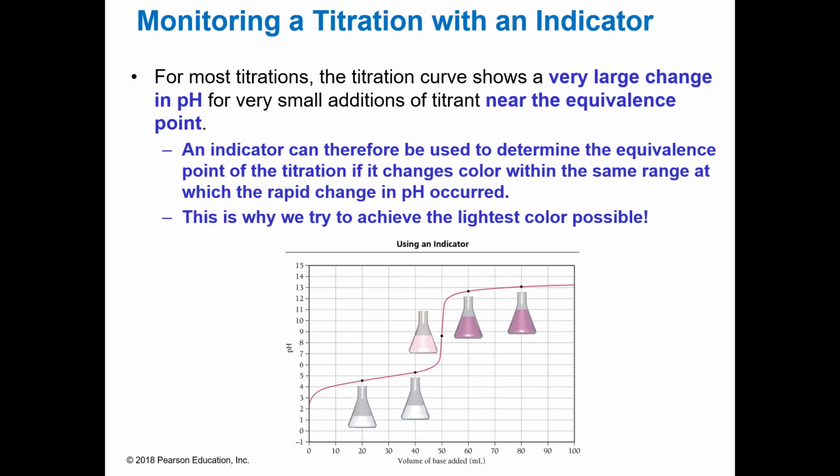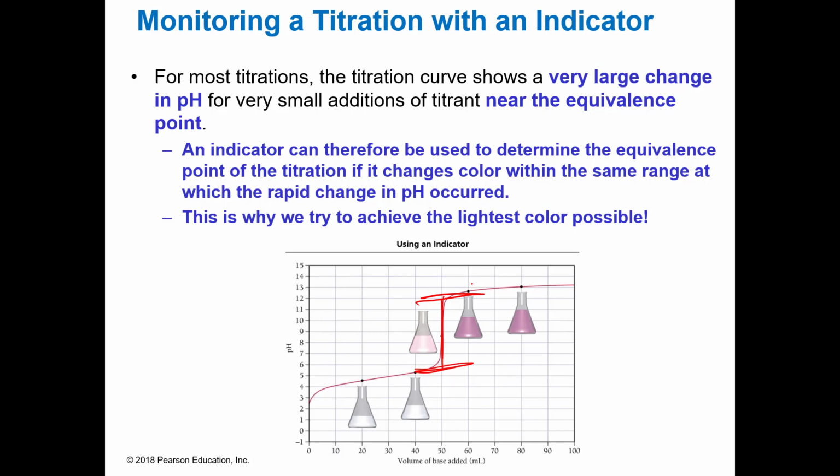For most titrations, you're going to see a really large change in pH close to the equivalence point, which coincides with that almost perpendicular area of the curve. Since that's the case, you want to choose an indicator that's going to change color around that pH area.